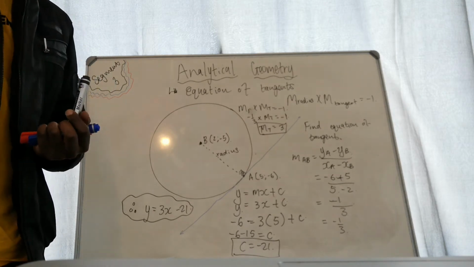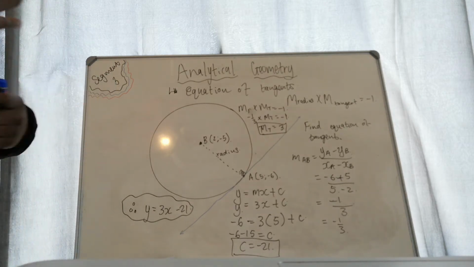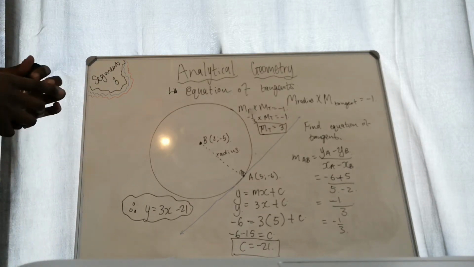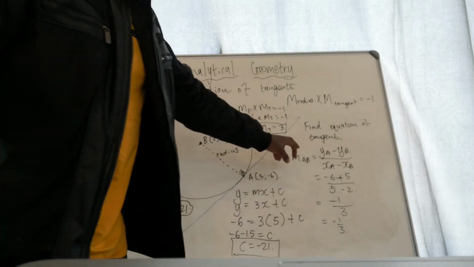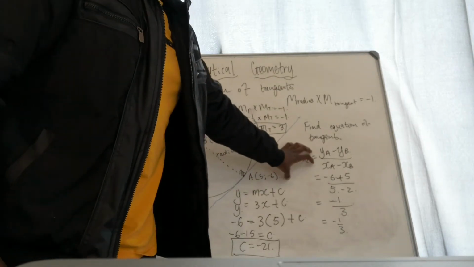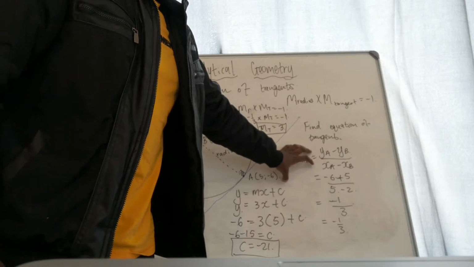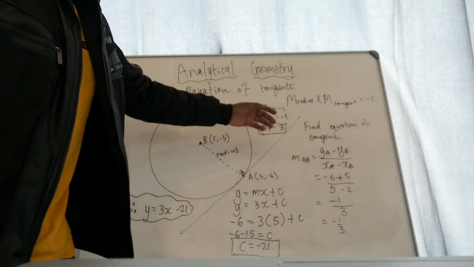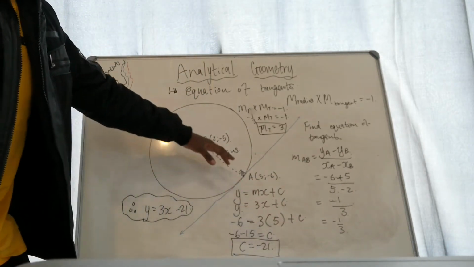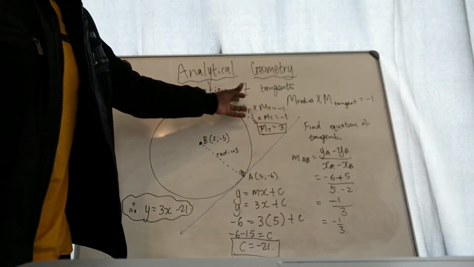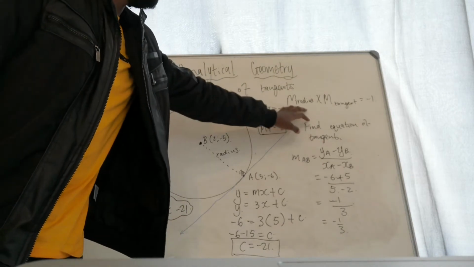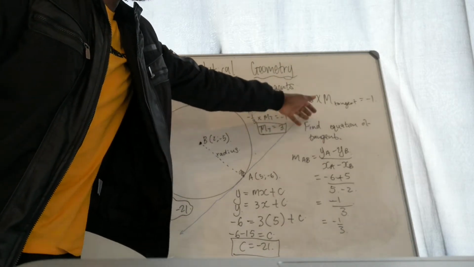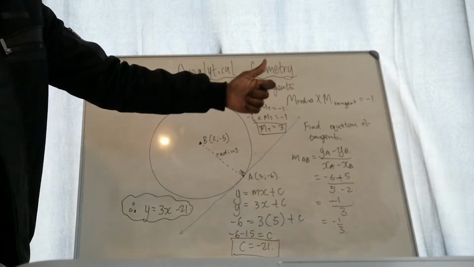Do you understand what happened here? So let me just run you through the steps again. First step is that we needed to calculate the gradient of the radius. After calculating the gradient of the radius, we use this formula, the one that says perpendicular gradients multiply to equal negative 1.